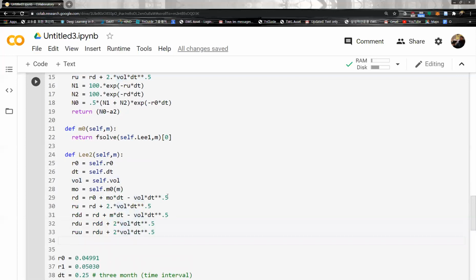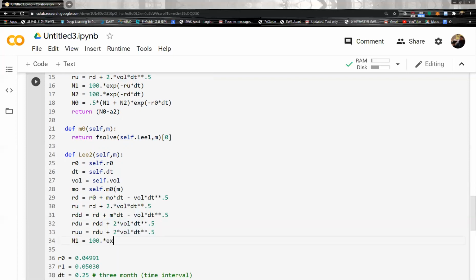And then we calculate this one. Now we have to calculate bond prices. Now we have 3 bond prices. So N1 equals, again, face value 100 multiplied by exp of minus R1, where we go up.